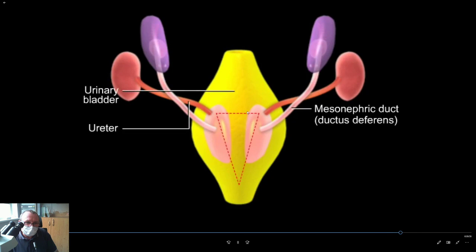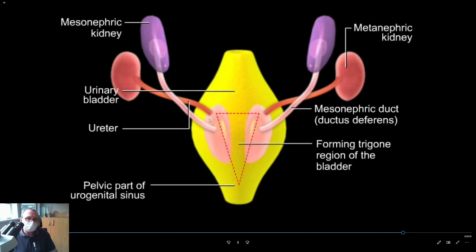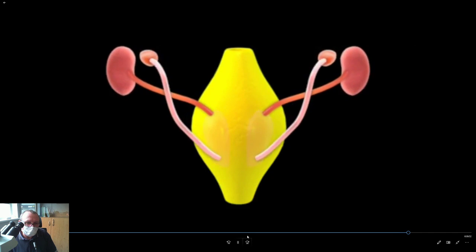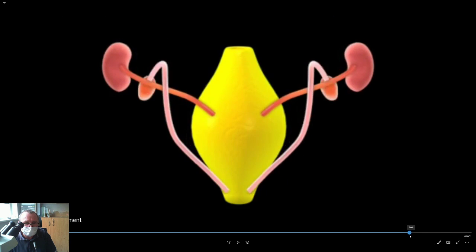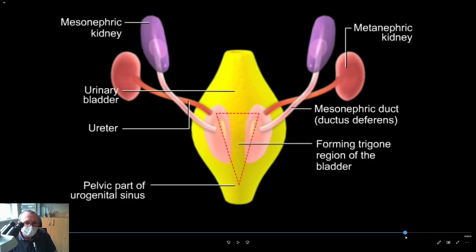And these two structures will participate in the formation of its wall and together form the so-called trigonum vesicae, which you probably know from anatomy. Sorry, I'm a little bit lost now, but yeah, here is the trigonum vesicae, where the wall of the urinary bladder develops from the intermediate mesoderm, because it was the tissue of the mesonephric duct and ureteric bud.